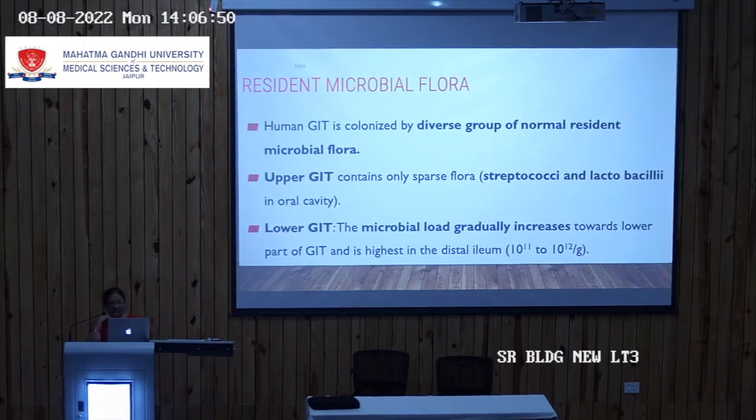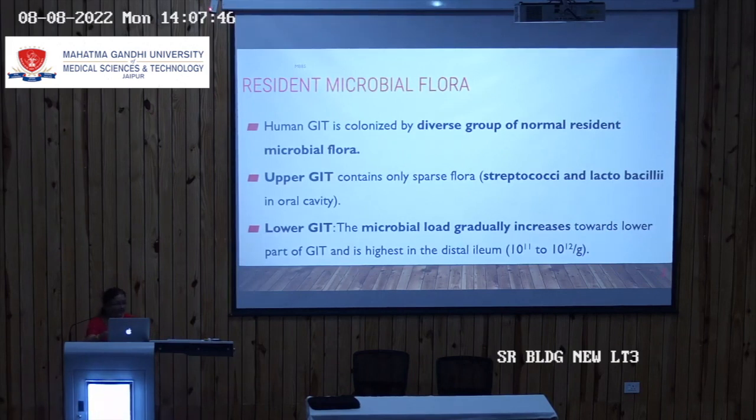Then the upper GIT contains only sparse, that means fewer, bacteria. They are generally streptococci and lactobacilli, which are present in the oral cavity. Then there are bacteria in the lower GIT also.